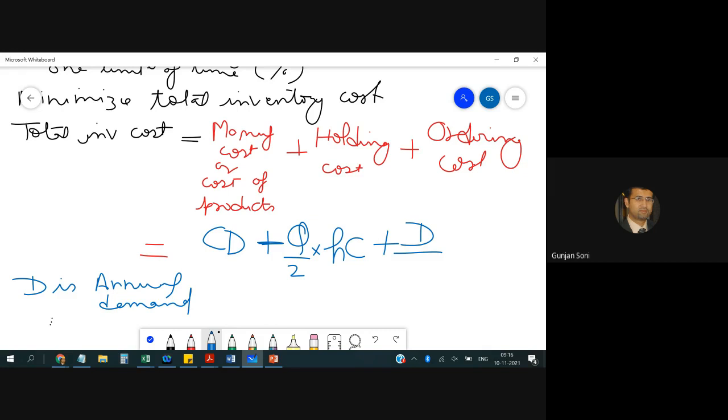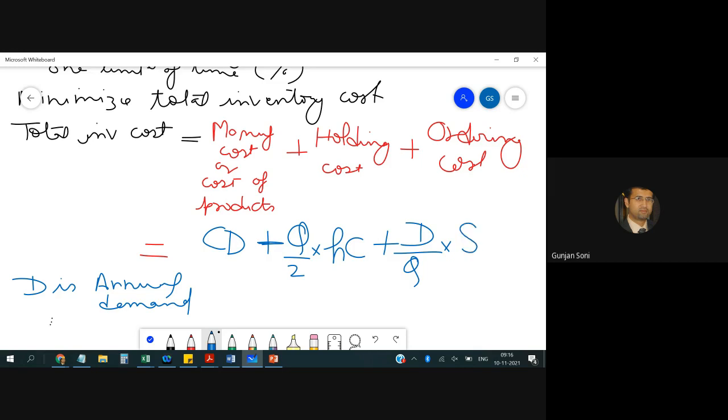So if D is the total demand and Q is the quantity you are ordering every time, how many times are you going to place an order? That will basically be D by Q. And we multiply this with the ordering cost. So let's say ordering cost, we are expressing it as capital S.